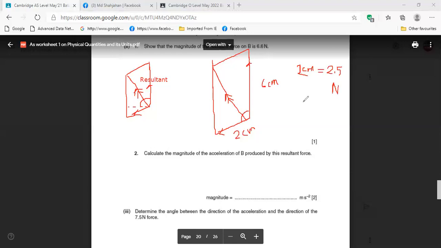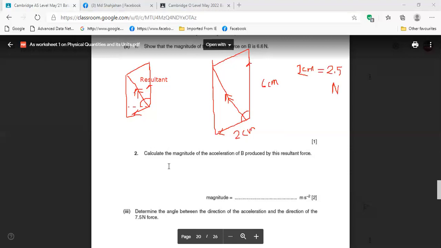So you have to convert it to SI unit because your answer is in meter per second square and your force is in Newton. So convert 750 gram to kg. Then use the formula of force equals mass into acceleration.